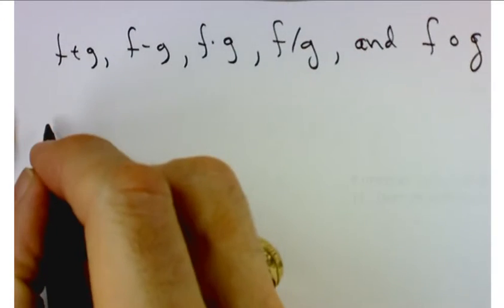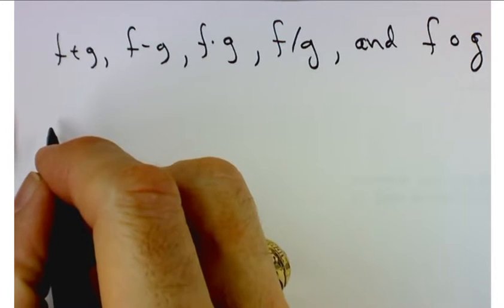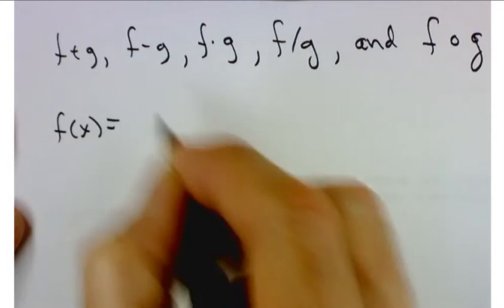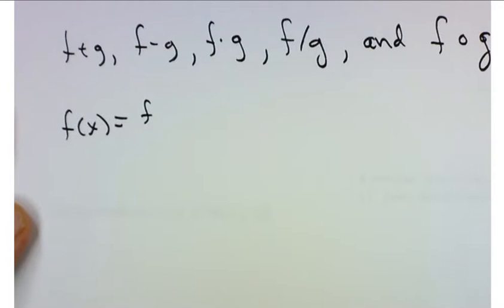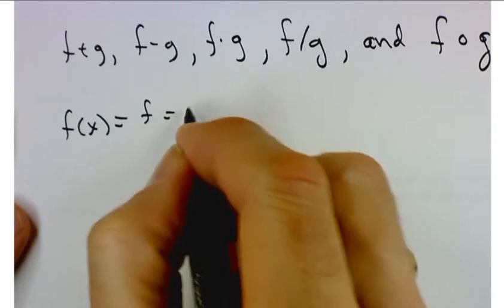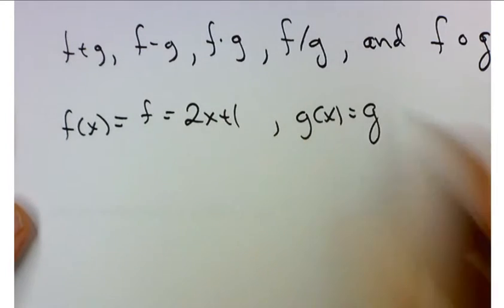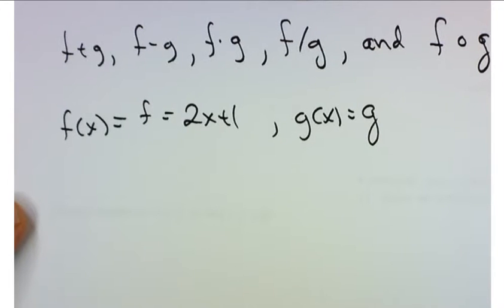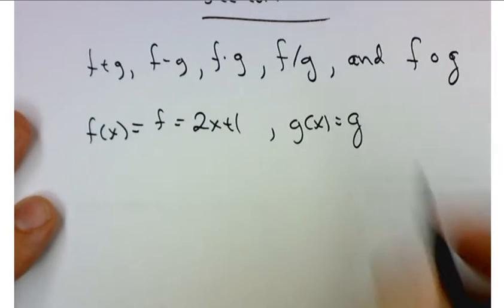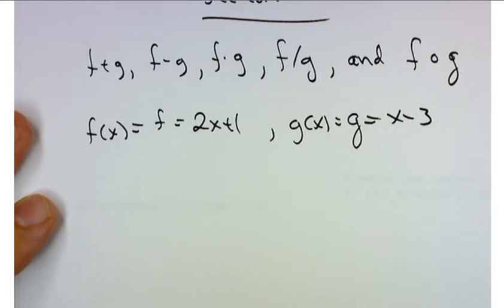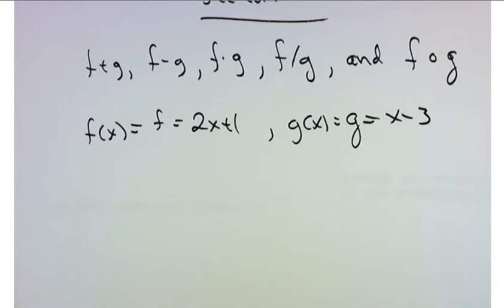So for problems 14 through 20, let's use f of x, or just f, as being 2x plus 1, and g of x, sometimes we'll just write it as g, is going to be x minus 3. So these are our two functions for the remaining problems.